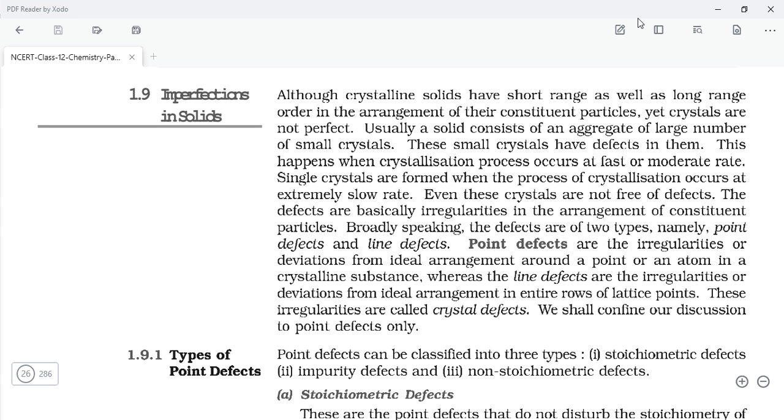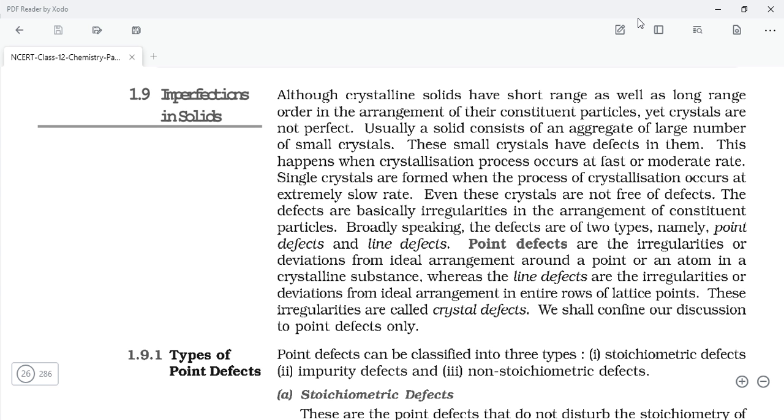Sorry, let me correct that: 74% was for CCP, and 52.4% was for HCP. After that we were supposed to study imperfection in solids. So let's just start reading, and then I will describe as soon as we read.